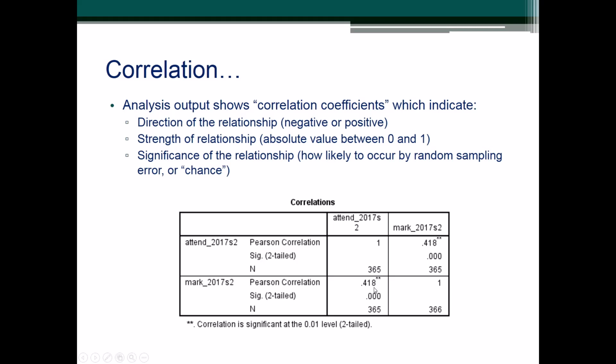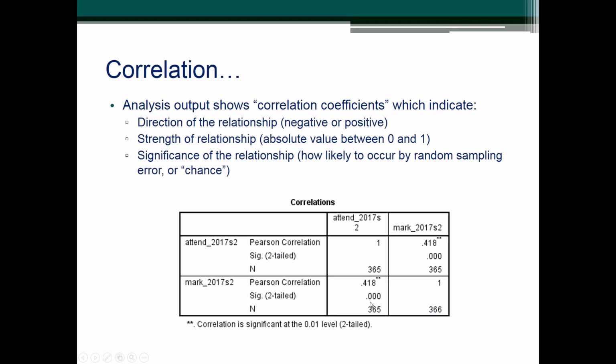It's 0.418. So a low or a weak relationship might be something like 0.007, and a strong or very strong relationship might be 0.89 or 0.915 or something like that. But this is in the middle, so we're saying that we've got a moderately strong positive correlation. So the relationship between attendance and marks achieved is moderately strong at 0.418.